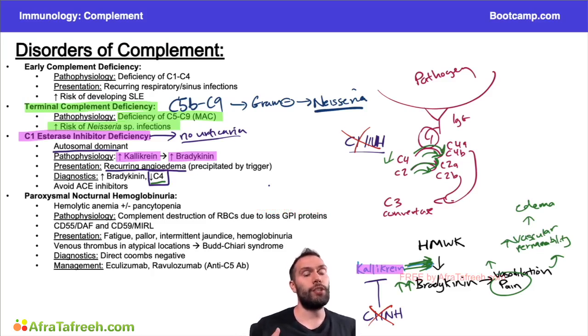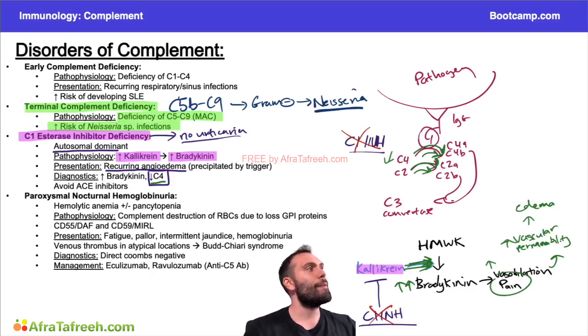Because if I have a patient that has anaphylaxis, I might be thinking epinephrine. If I have a patient that has C1 esterase inhibitor deficiency, I can try and get these patients C1 esterase inhibitor because that's what they're missing. That's going to slow this pathway down. If I give them concentrated C1 inhibitor, that will inhibit this kallikrein and we can get the bradykinin levels under control. So they're treated differently. So it's important to distinguish them.